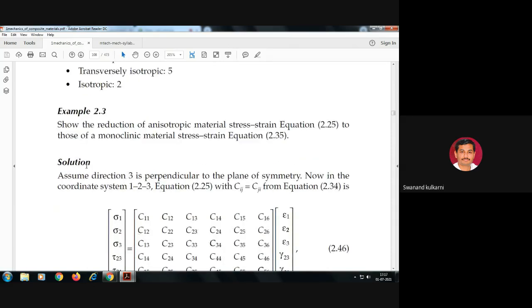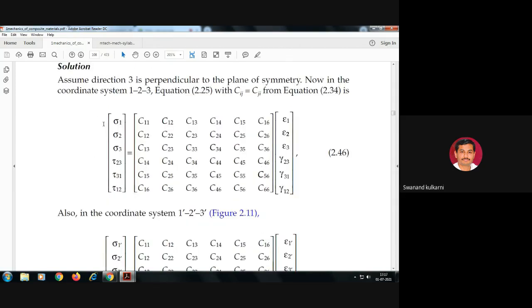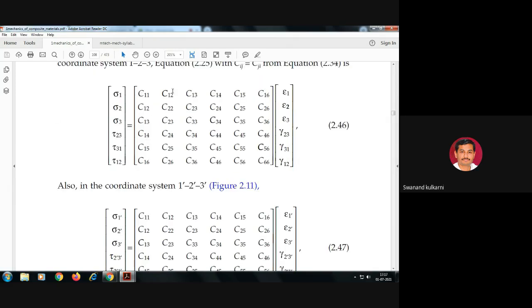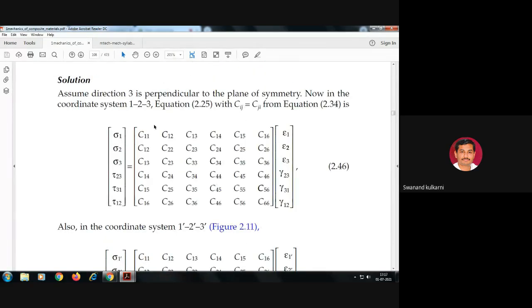Is it okay? Now see here, the reduction of the anisotropic material stress-strain equation to the monoclinic material stress-strain equation, that we have seen. The total relationship of stress to strain given by this equation may have 36 constants, but those 36 constants get converted into 21 if we consider the material as homogeneous.